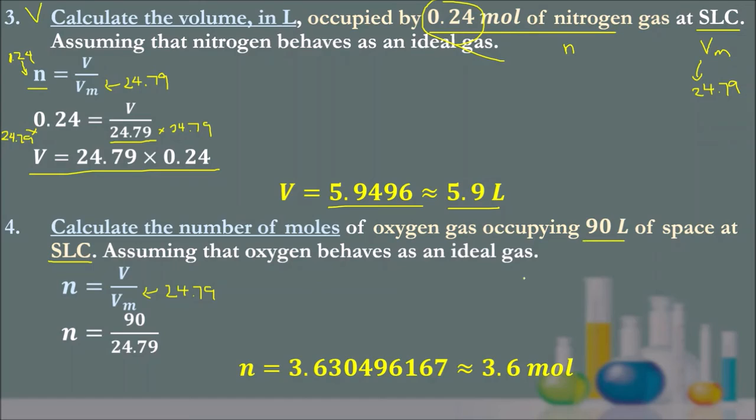I have 90 liters of oxygen gas, and I am trying to find the number of moles. This is the value I get once I put it into my calculator. Again, reading through my question, 90 liters is the lowest significant figures of 2, so I round off to 2 significant figures. So 3.6 moles.